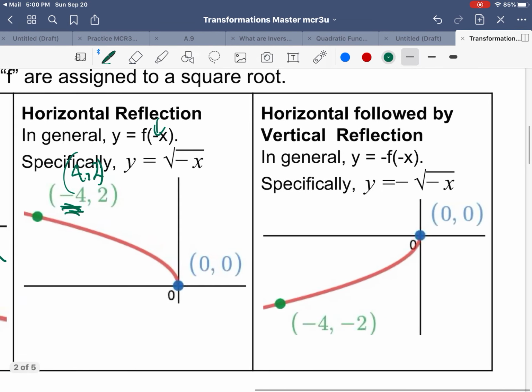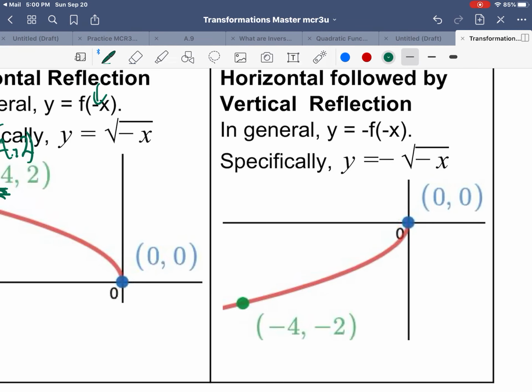Now what if we reflect both x and y? Well, that means we have a negative here, that affects y, and a negative here, that affects x, and so it's reflected twice, horizontal followed by vertical. And remember that we read from the inside out. So I read the negative x first, then the square root, then the negative outside.